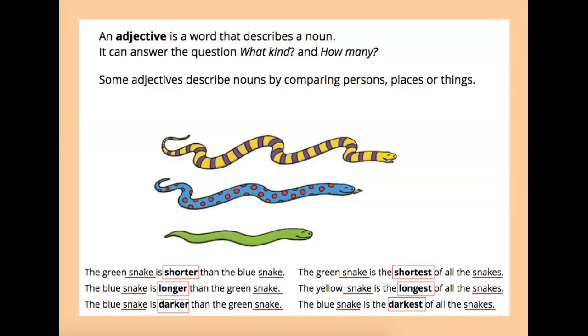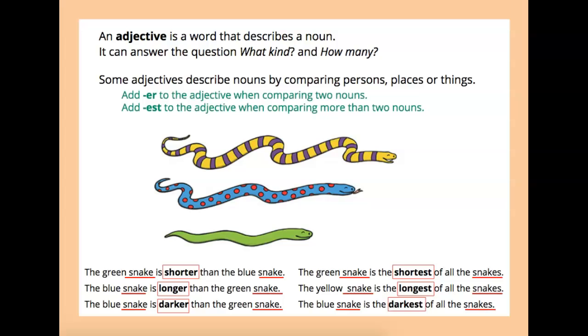So you should remember these rules when using adjectives to compare nouns. You need to add er to the adjective when comparing two nouns, and you need to add est to the adjective when comparing more than two nouns. Okay, now let's move on to our work text.